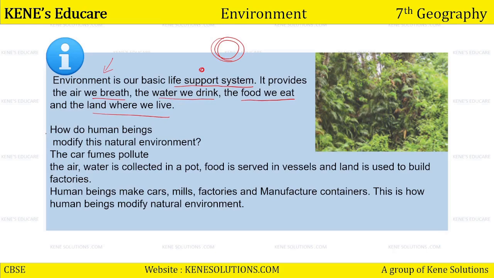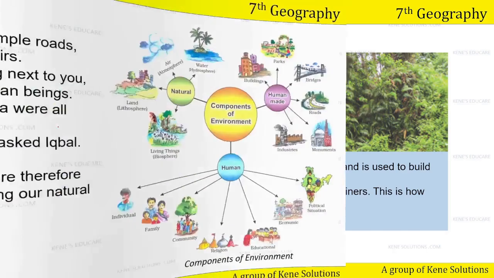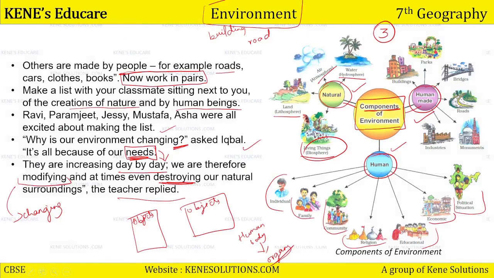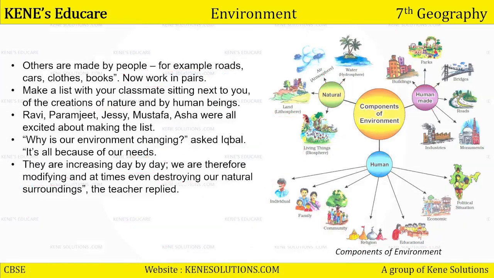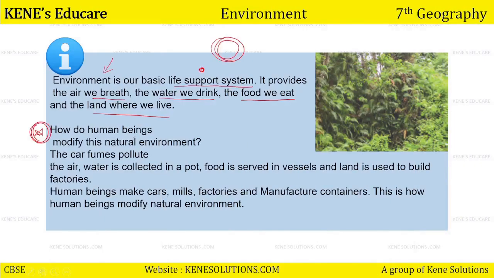Now the question is, how do human beings modify this natural environment? You just read that we are modifying our natural environment day by day to fulfill our needs. But how is the human being modifying the natural environment? By the various objects, products and devices we use. For example, the car. The car fumes pollute the air.